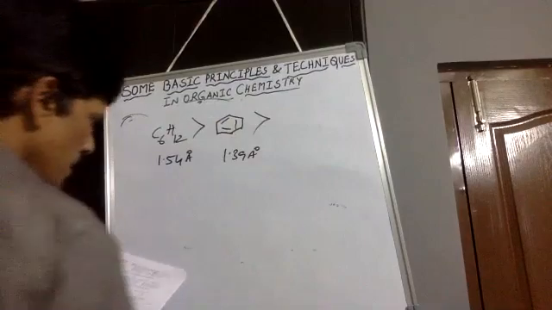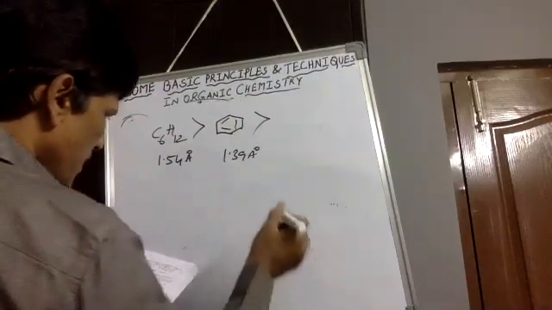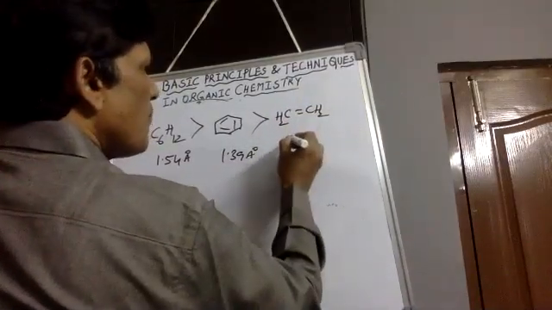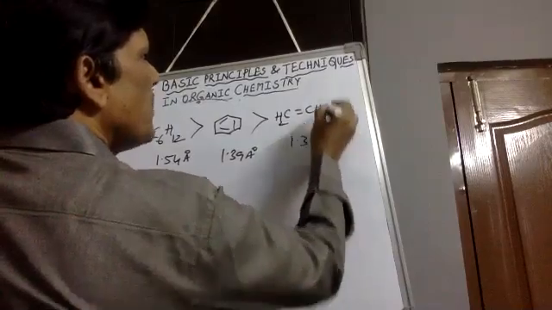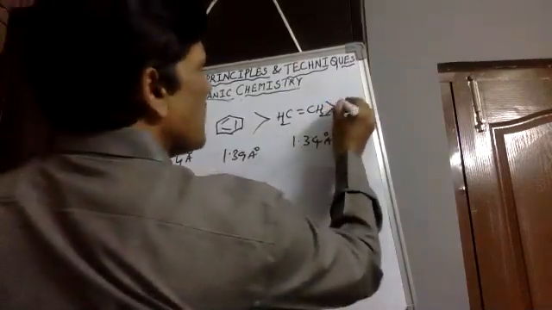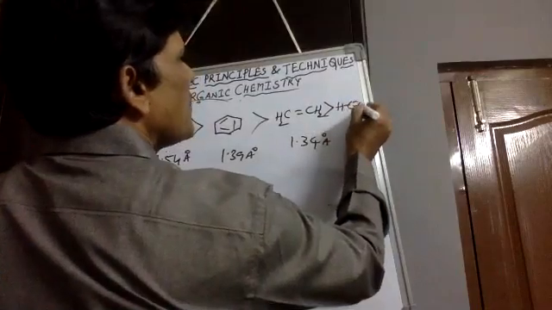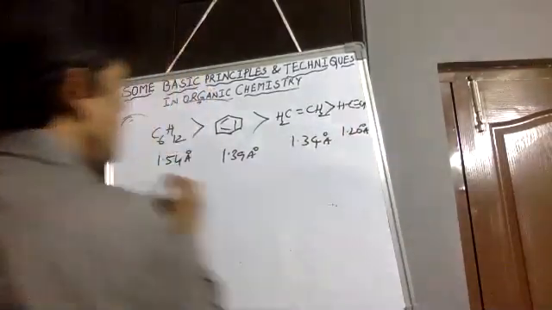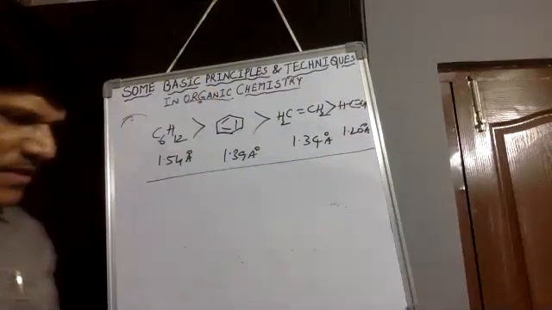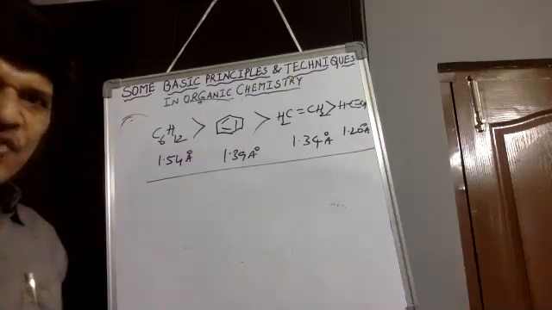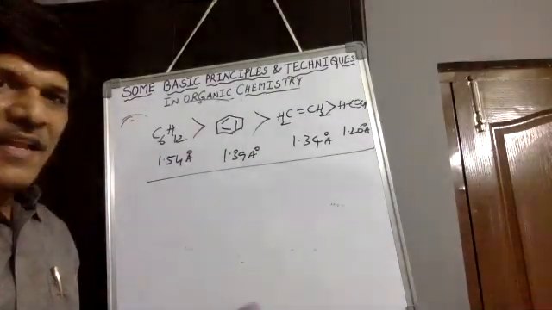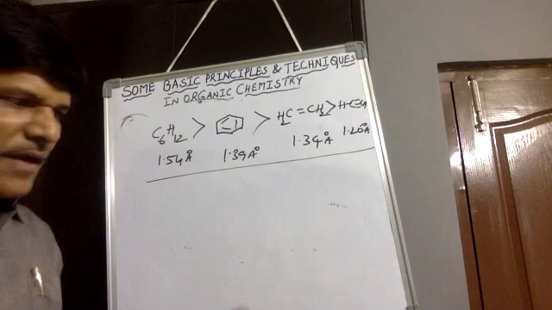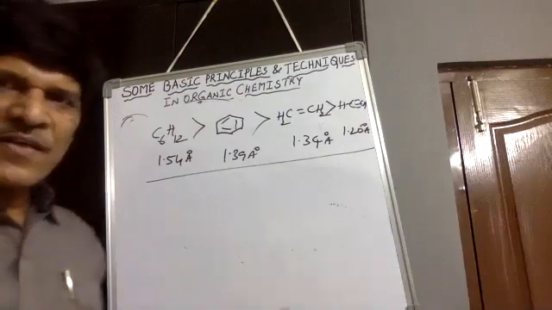Then next we would take ethylene, that is CH2 double bond CH2. Here you have 1.34 angstrom units. Then the first one is acetylene, C2H2, CH triple bond CH, 1.20 angstrom units. Therefore, the decreasing order is option A, the correct answer. Highest bond length is in cyclohexane and lowest bond length is observed in ethylene.